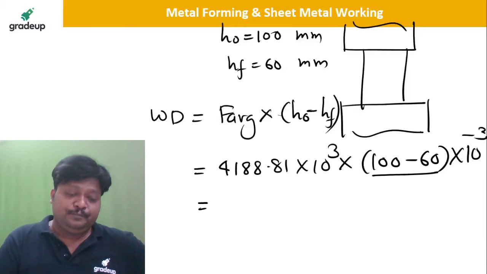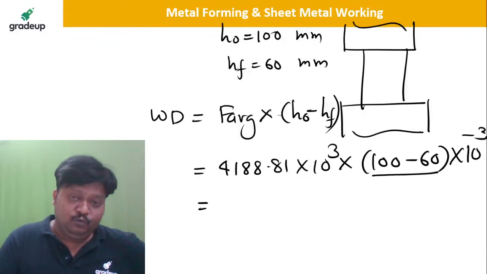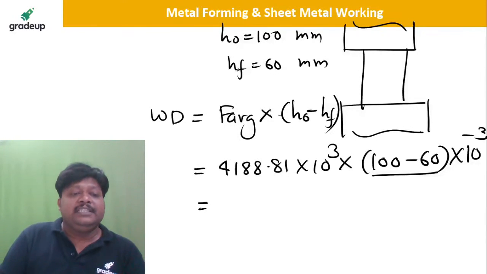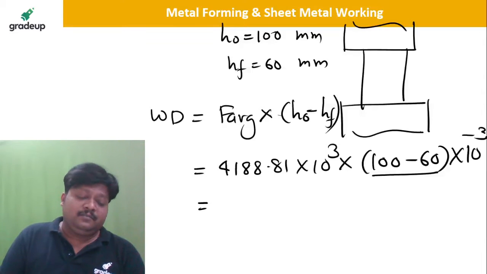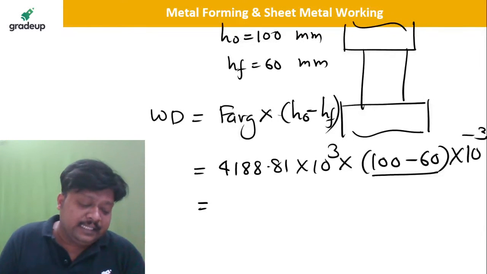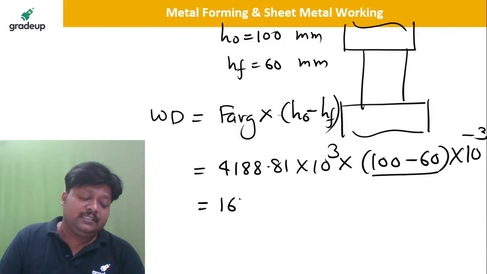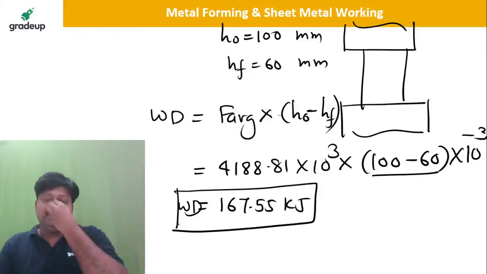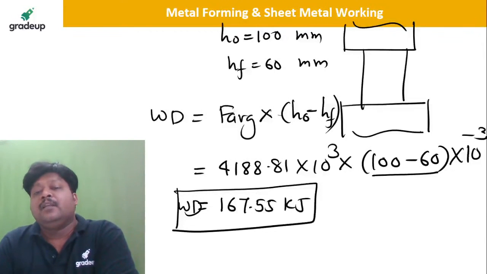So multiply by 40, and it will be 167.55 kilojoule. This is the work done. This is the energy of deformation. Yes or no?